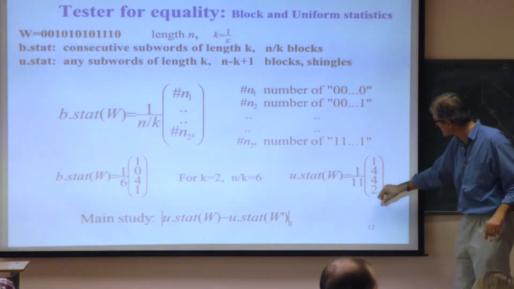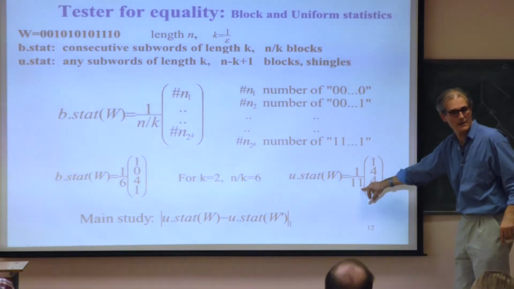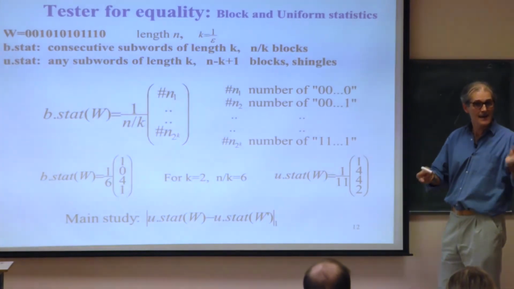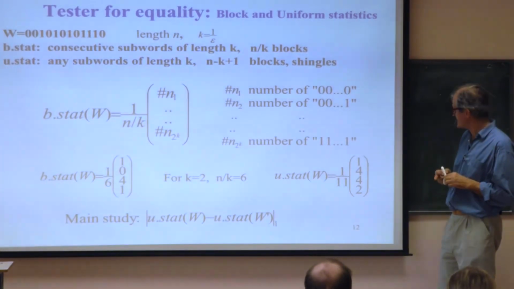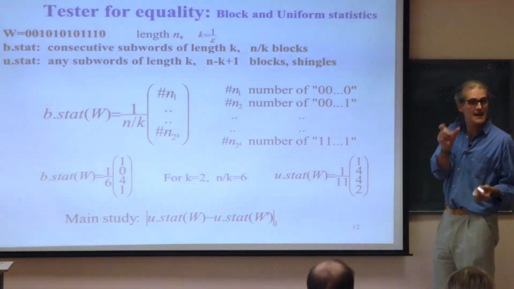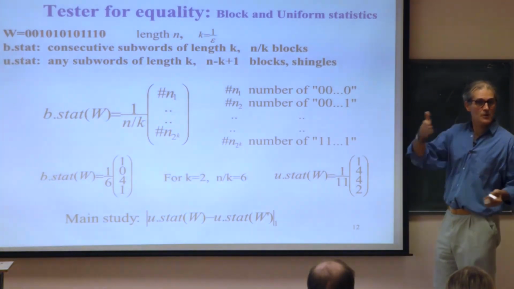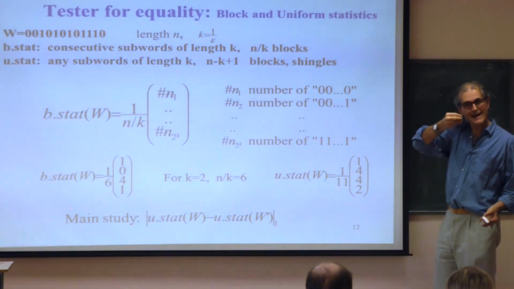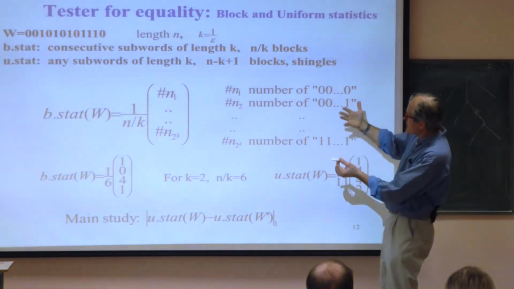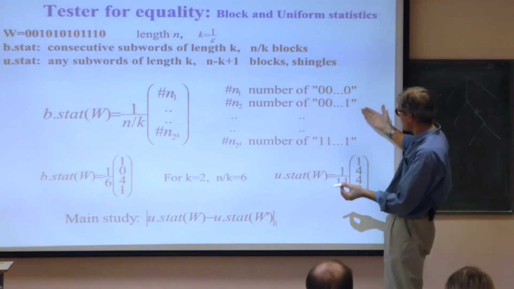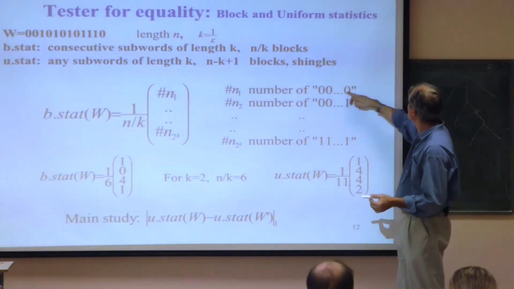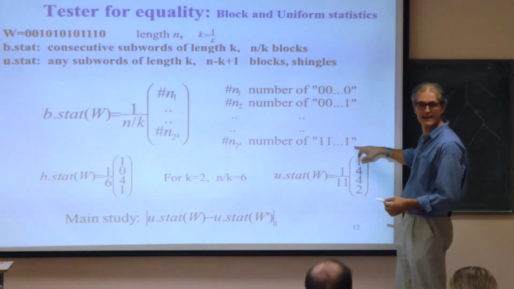The sum of these values is equal to this value, so you can interpret this vector as a probability. It is the probability of observing a certain subword of length k in your word if you select a random point with uniform probability. Another way of saying this is counting the number of occurrences of various subwords, starting with 0 zeros and ending with 1 1 1.